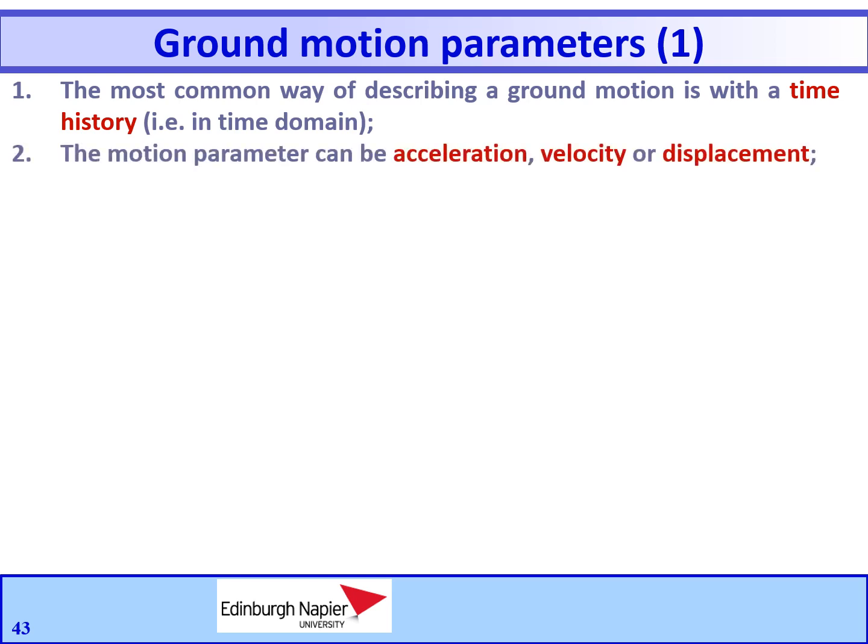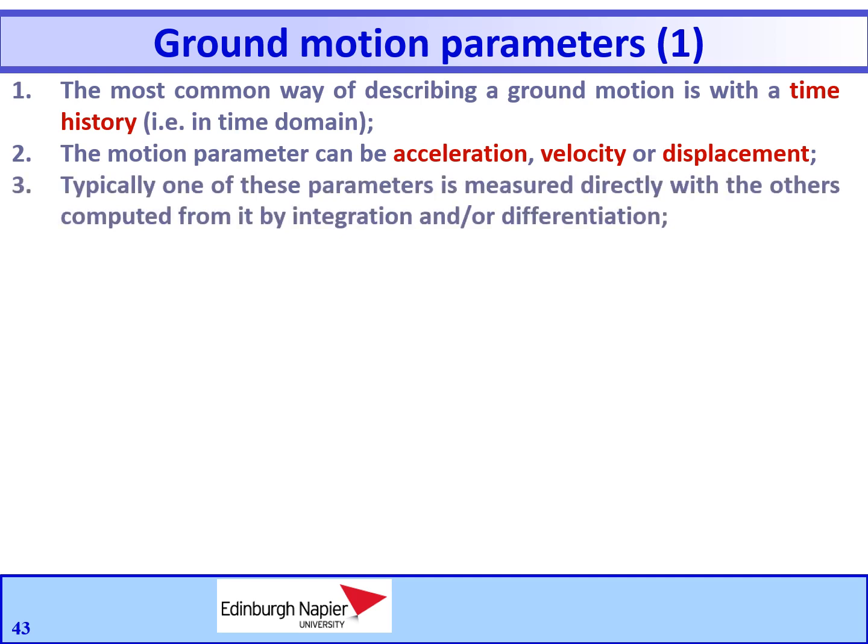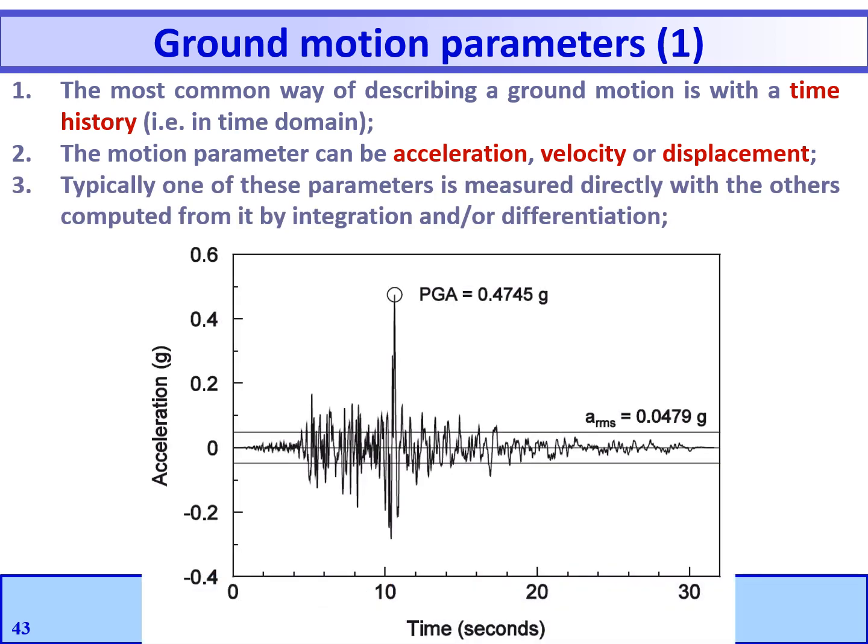Strong ground motion is measured by a large amplitude type of seismograph called an accelerograph, as we have seen before, in the form of an accelerogram, which is an acceleration history, typically of the form as you can see in this picture, while the velocity and displacement histories are obtained after the earthquake by integration of the acceleration record.